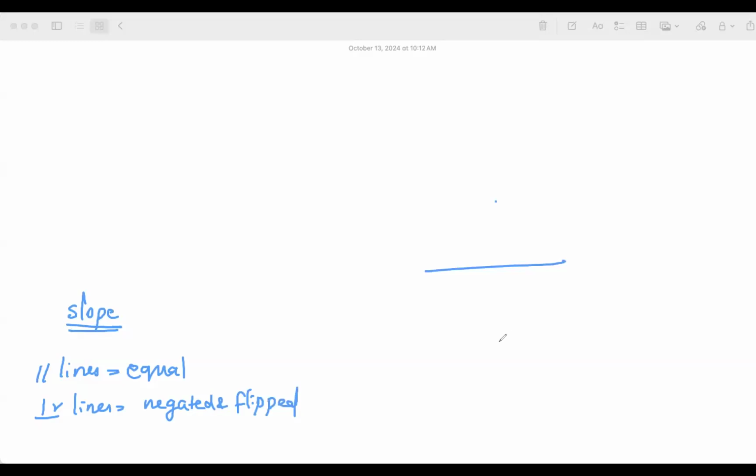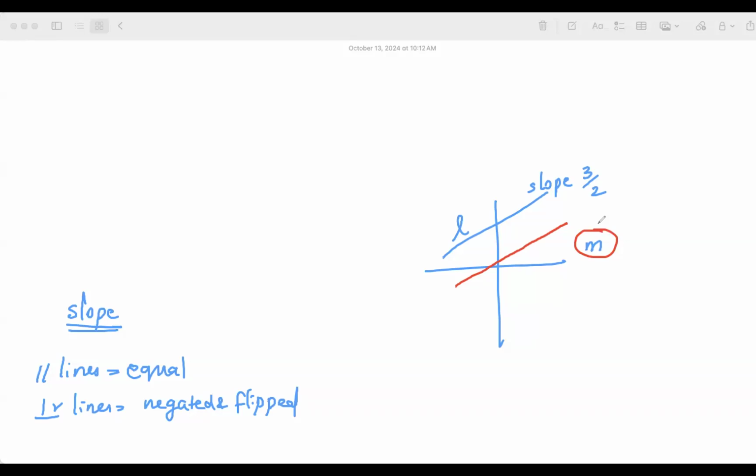Now, let's say there is one line like this. The slope of this is 3 by 2. This is line L. Line M is parallel to L. What will be the slope of M?